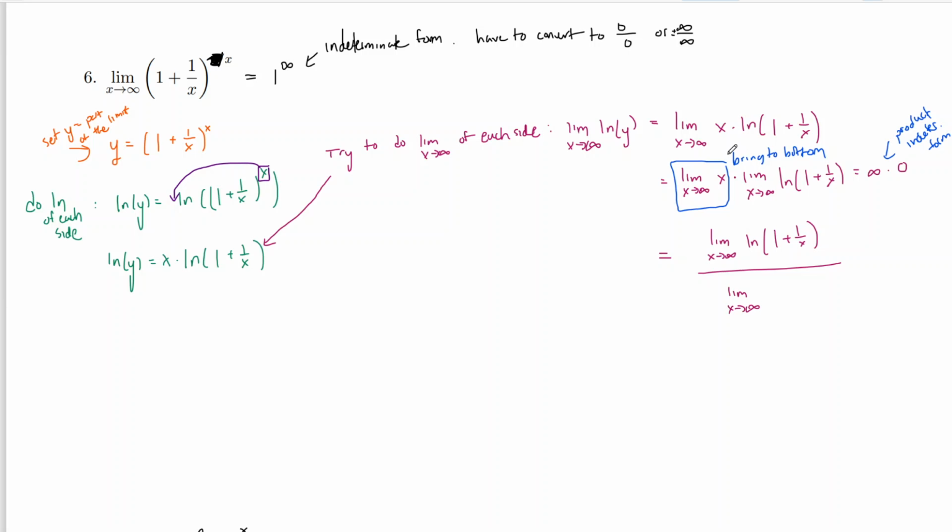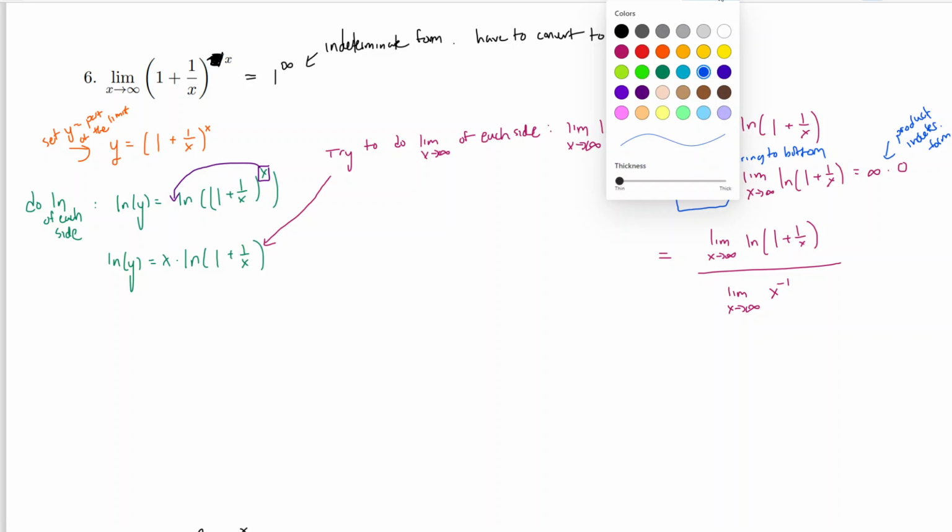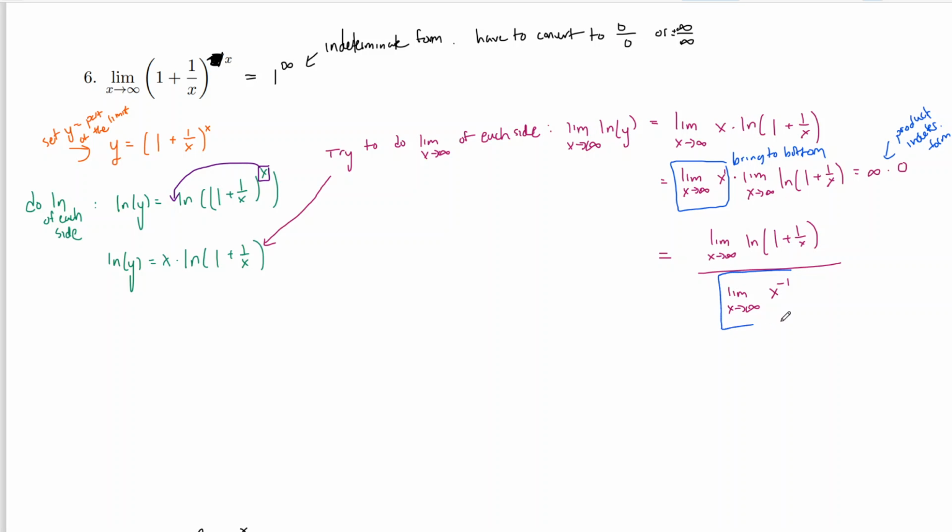Now when we bring it to the bottom, it doesn't stay just x, because what happens when we bring something from the bottom to the top or top to the bottom is we have to change the sign of the exponent. This is really x to the 1, so it becomes x to the negative 1. So we brought this to the bottom, and just to make up for doing that, we have to change the sign on the exponent.